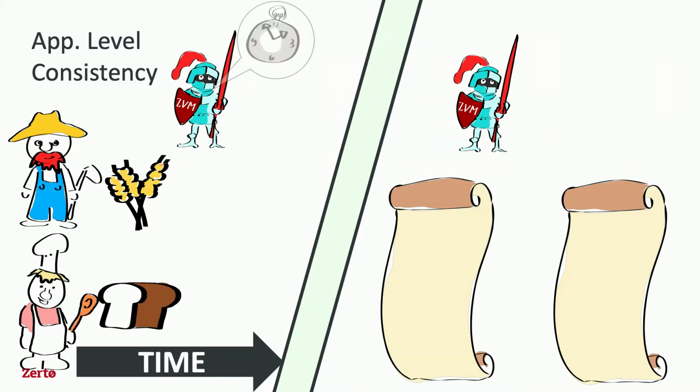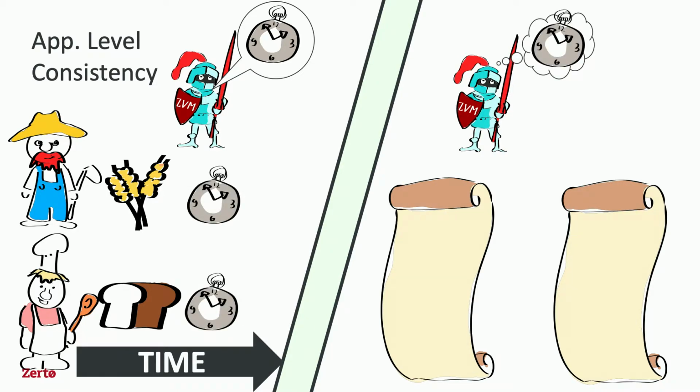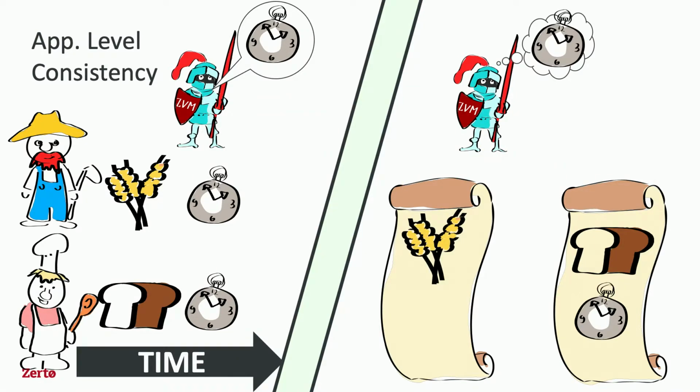And then we need to send the checkpoint to the recovery site. However, they may not arrive at the recovery site at the same time. And if they only arrived on the single journal, we cannot fail over to this checkpoint yet, because we would get the bread, but not the wheat that is required for it, right? So we need to wait for the same checkpoint to arrive and be persisted on all journals before it's considered a valid checkpoint for this VPG.